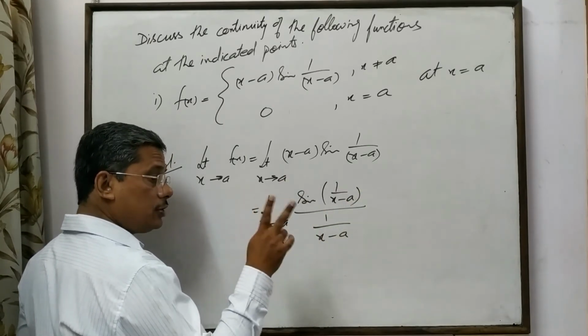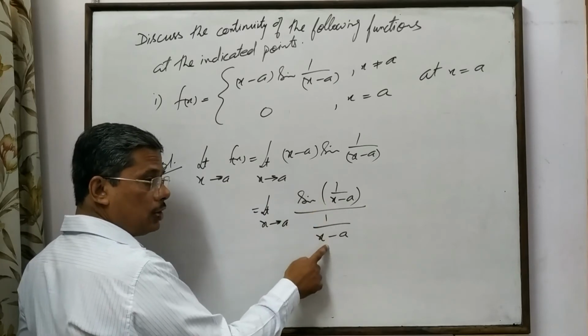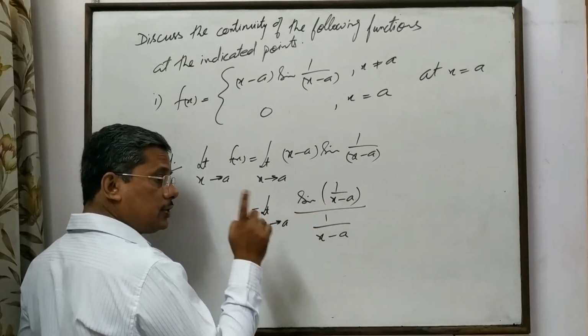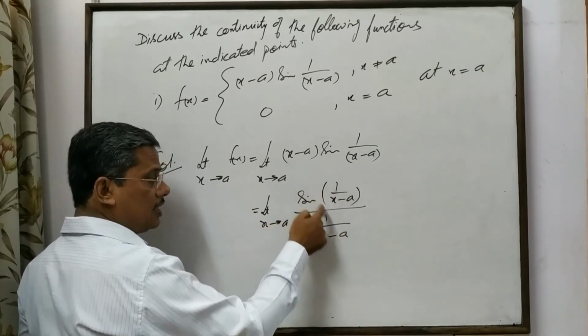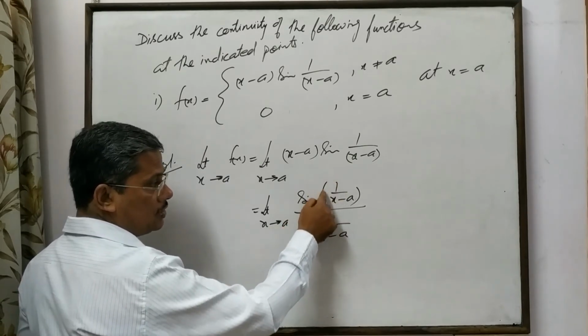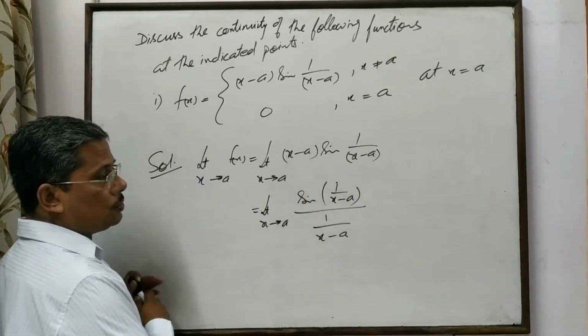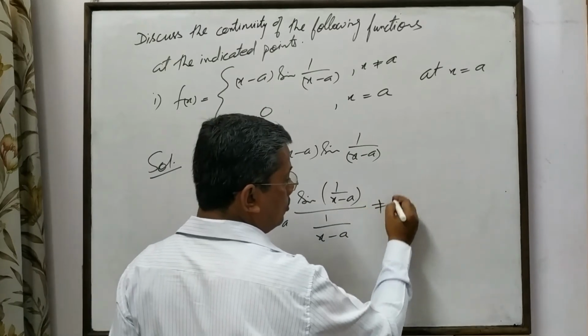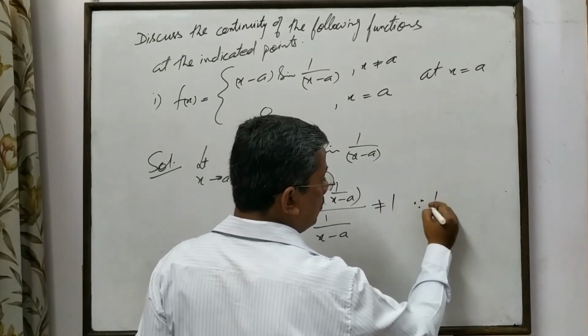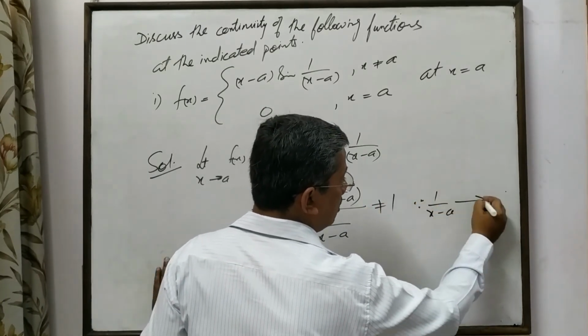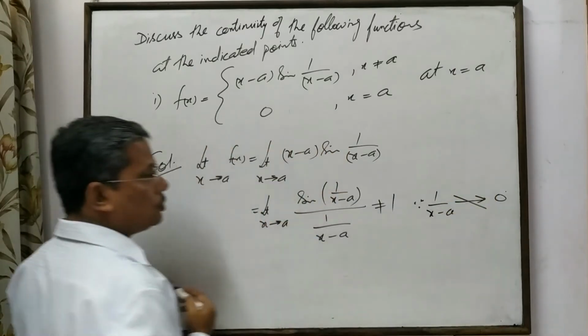But there were two conditions. The angle should be equal to the denominator and that angle should tend to 0. But this angle, when x tends to a, tends to infinity instead of 0. So this is not equal to 1 because 1 upon x minus a does not tend to 0.